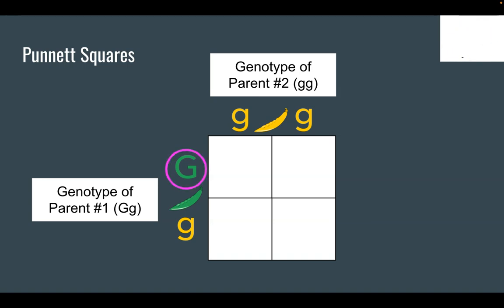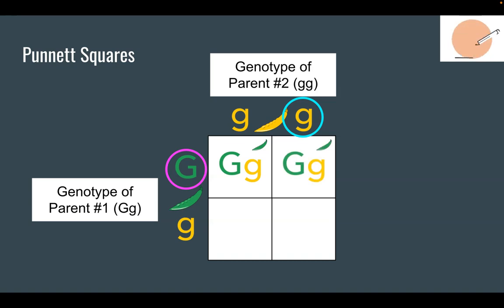Let's imagine that parent number 1 passes on the dominant G to its offspring, and parent number 2 passes on one recessive g to its offspring. That offspring would have one dominant and one recessive. But you could also get this combination, where parent 1 passes on the dominant and parent 2 passes on the other recessive gene.